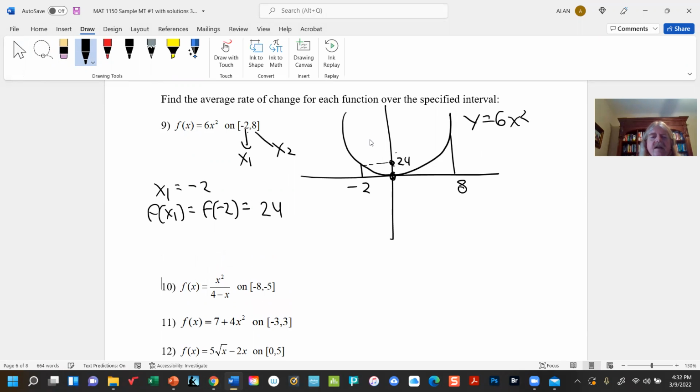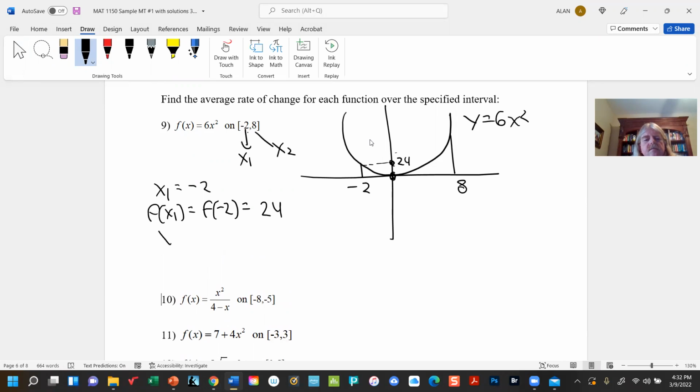And for the second point, 8, f of x2 is 6 times, oh my God, 384.